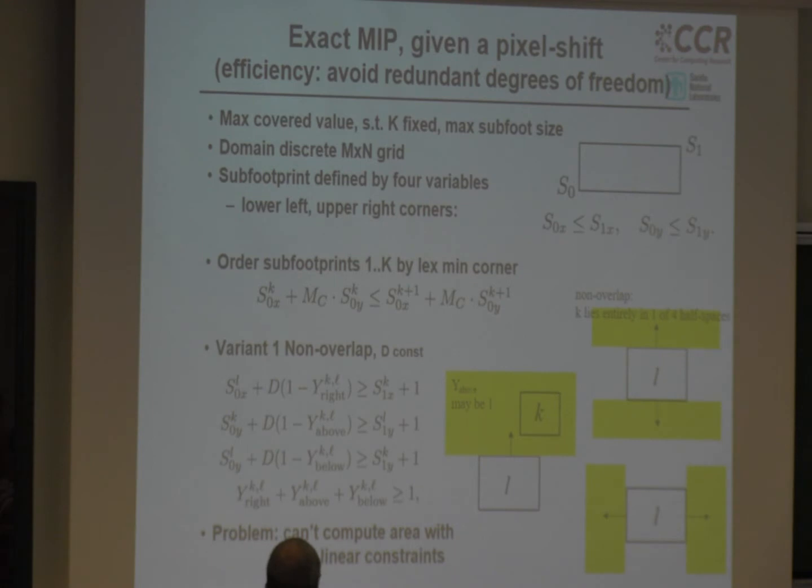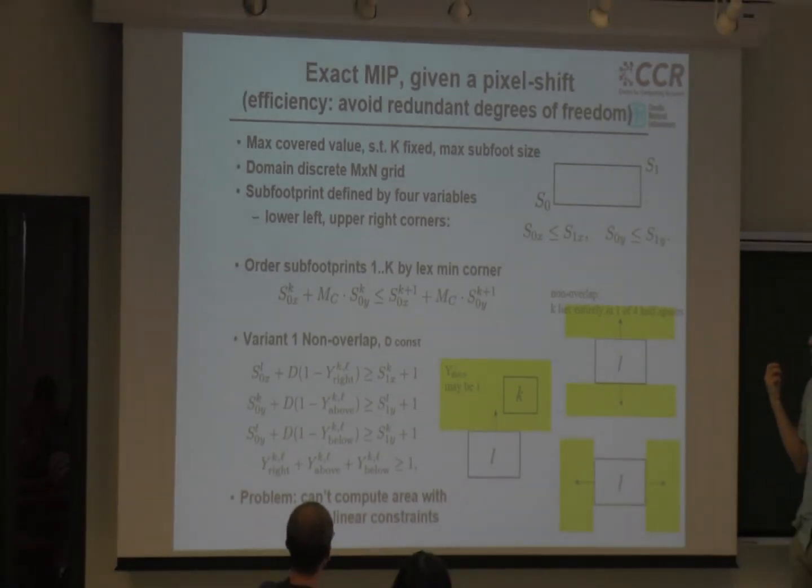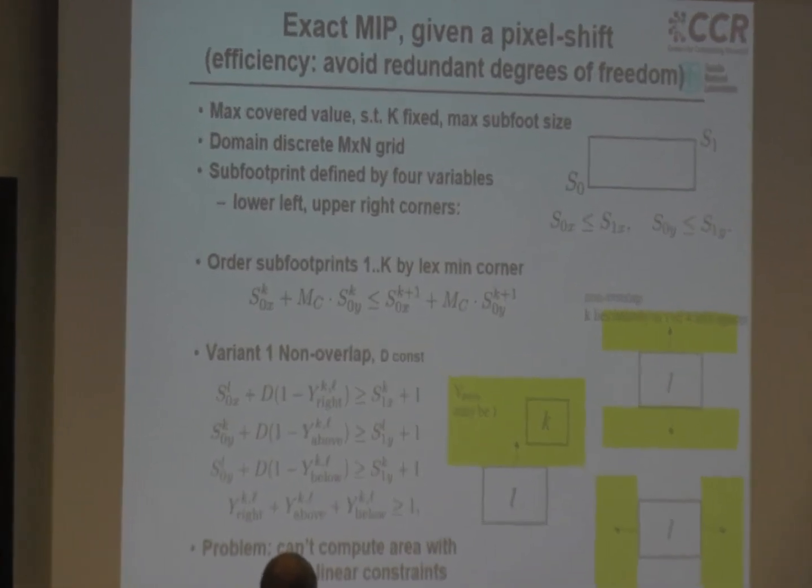So we're going to have a variable for each of the corners of each of the rectangles, and we'll order them, so you have an upper left and a lower right. And the way to do non-overlaps, you might think that that's inherently non-convex, but by introducing variables, you can turn it into a convex problem.